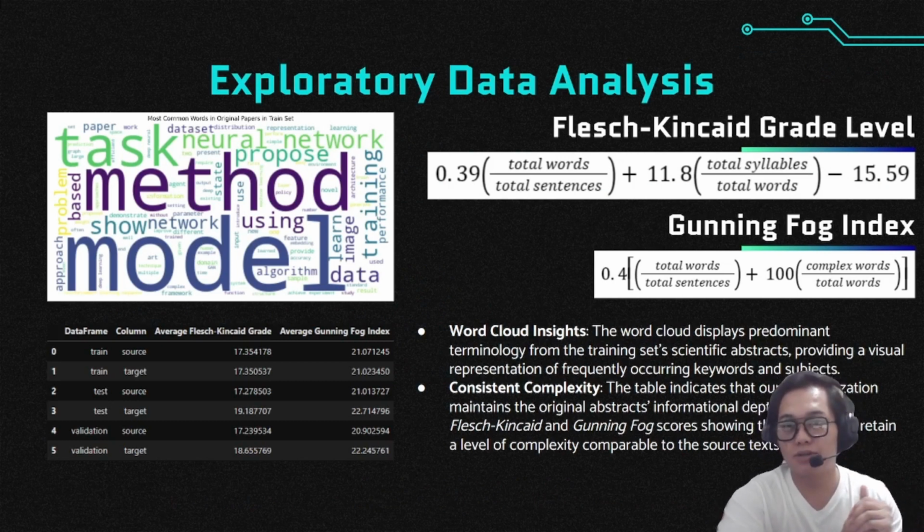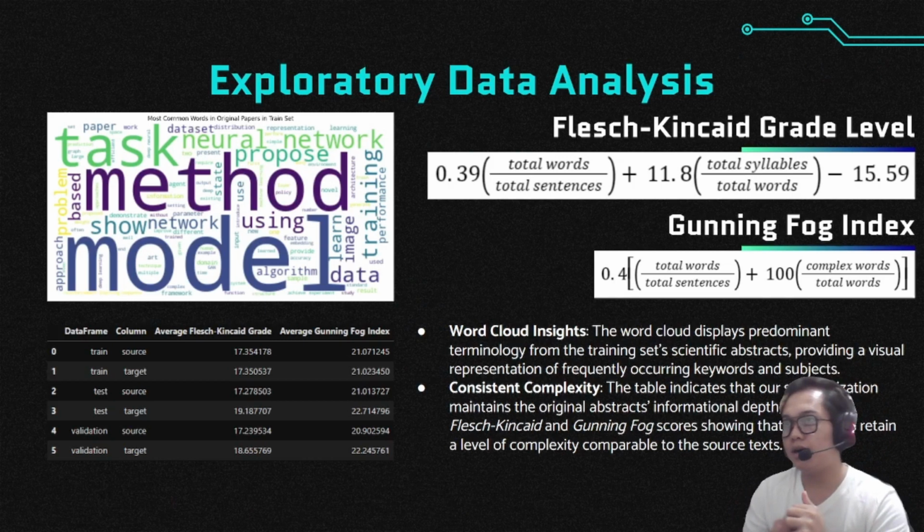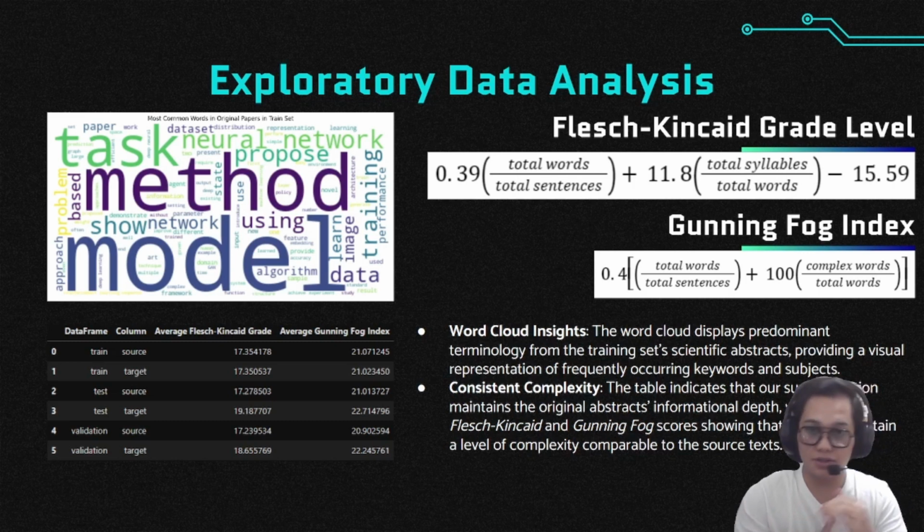And this is the exploratory data analysis, where we use two formulas, namely the Flesch-Kincaid grade level and the Gunning Fog index. The first one we are going to talk about is the word cloud insights. The word cloud displays predominant terminology from the training set scientific abstracts, providing a visual representation of frequently occurring keywords or subjects.